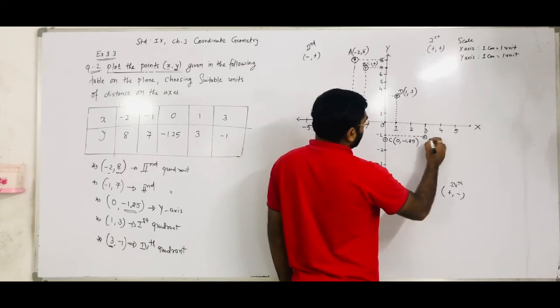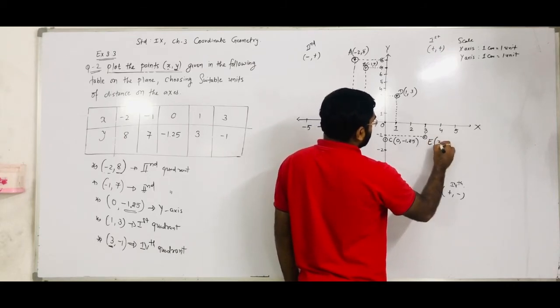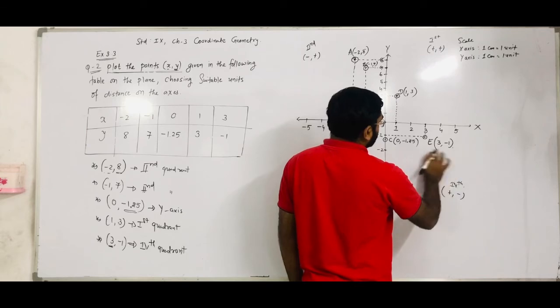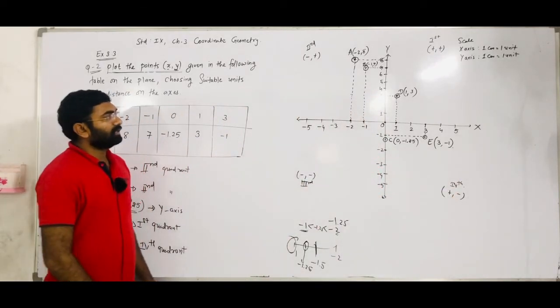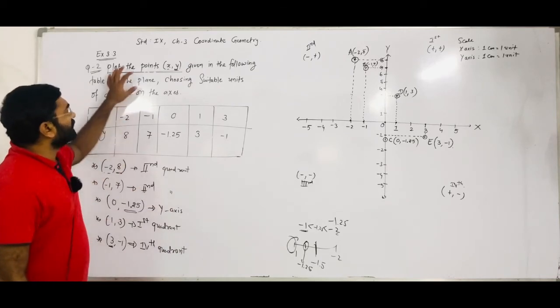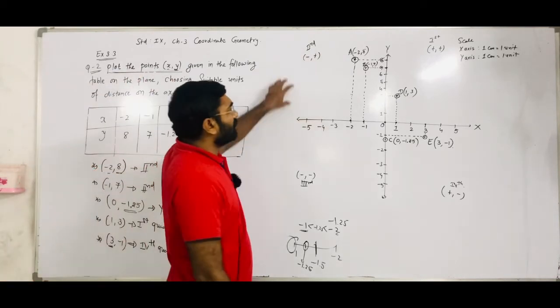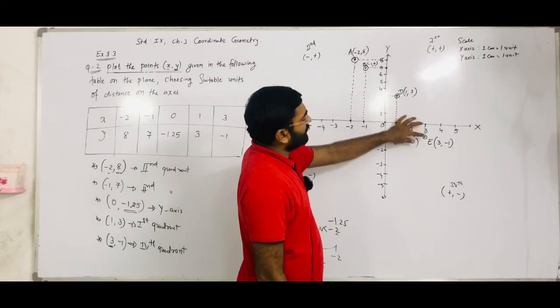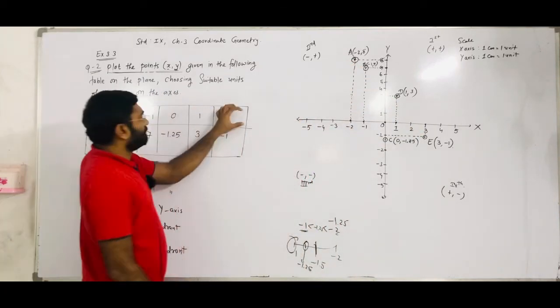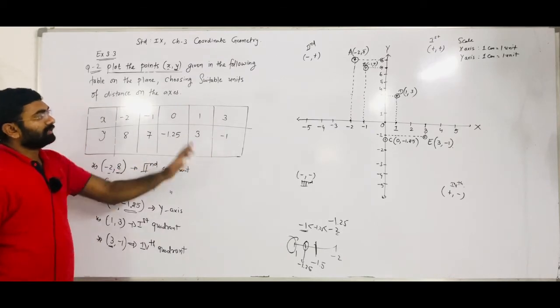We name that point E, whose coordinate is (3, minus 1), which lies in the fourth quadrant. Okay, so that way you have to plot the graph on graph paper and locate all these points A, B, C, D and E, which are given in the table.